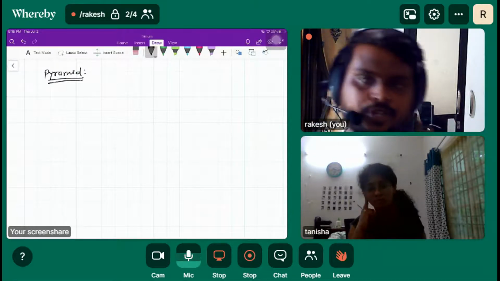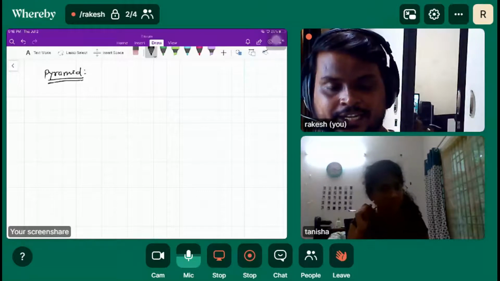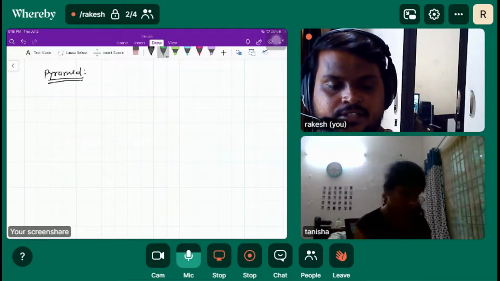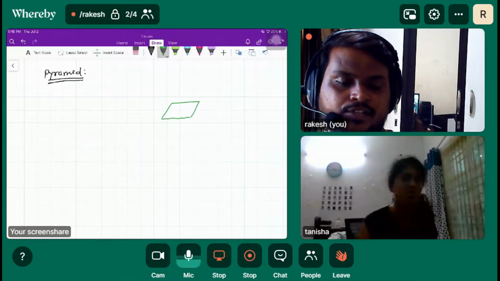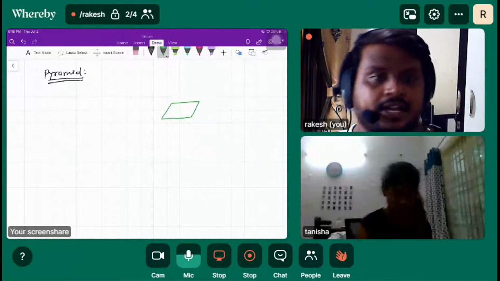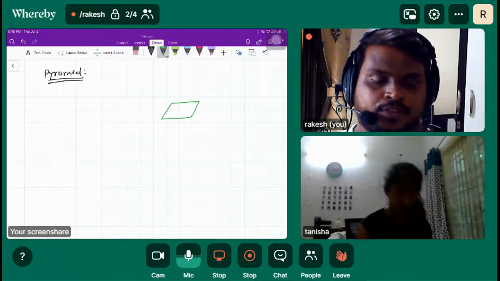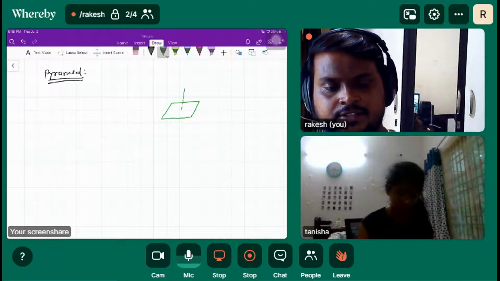So in case of pyramid, I first of all introduce the diagram of the pyramid. The base could be a rectangle, a square, or a triangle, and it will have a certain height.